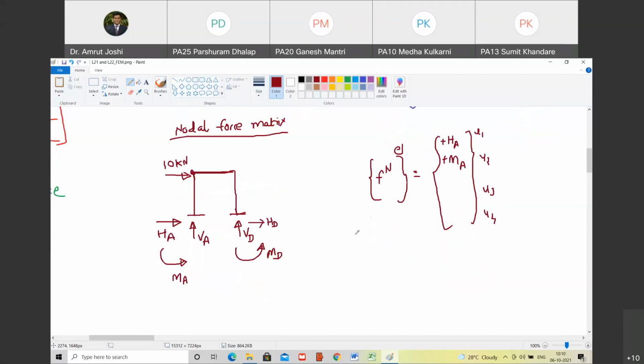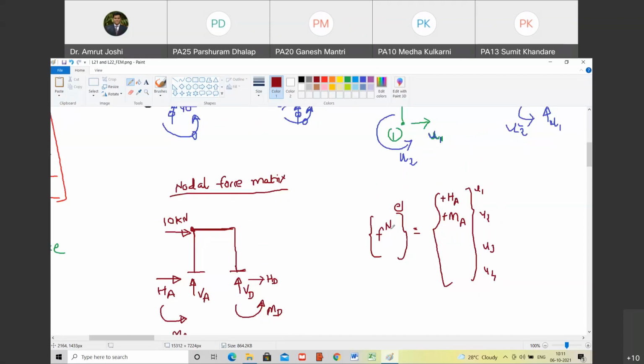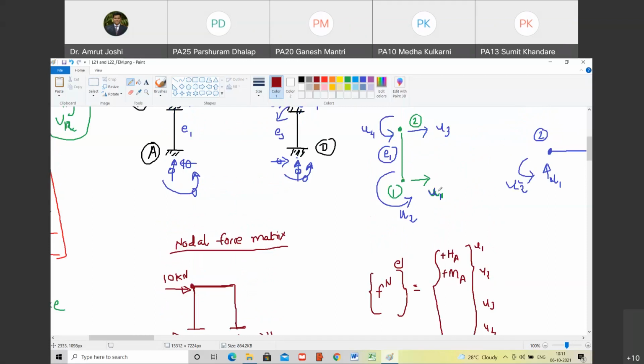Yes, sir. Okay. Now, when I look at element number 1, ये जो element number 1 देख रहा हूं मैं. So what is U3? Yes, tell me, what is U3? Translation in X direction. Are you with me? Yes, sir. So is there any nodal force here?